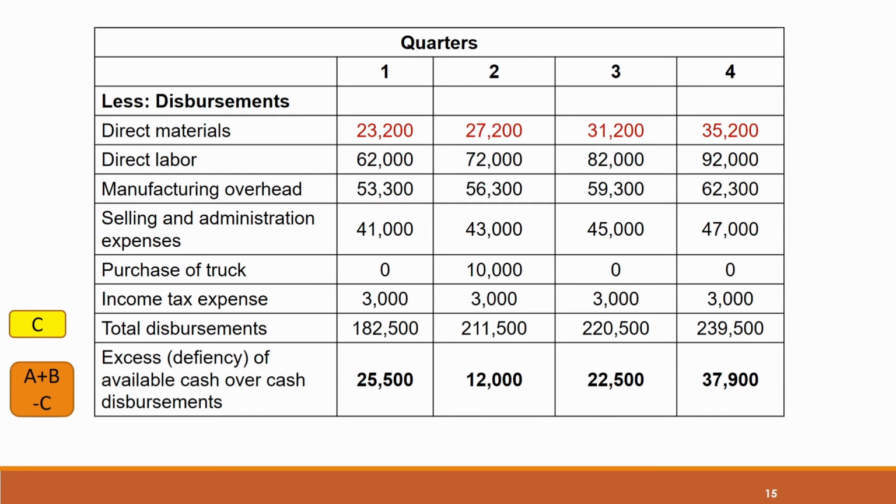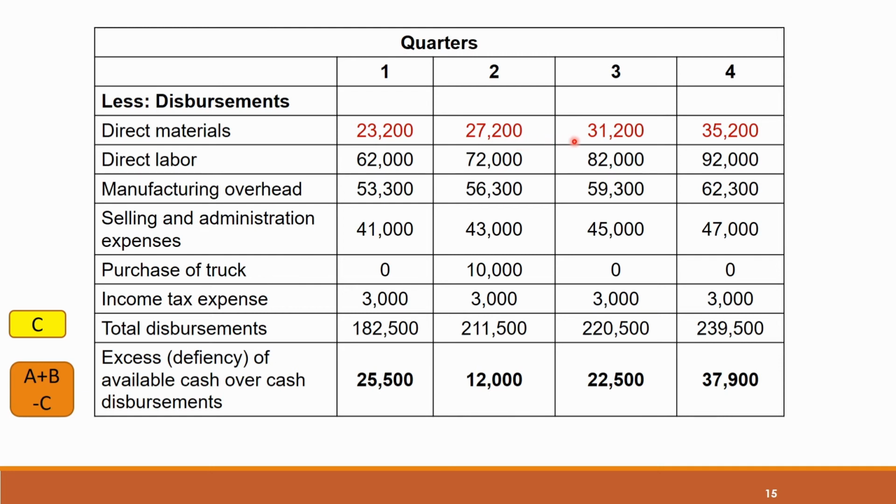Okay, the next one, we have to record cash disbursements. So how many items are there? Number one, direct materials. This amount we get from the schedule of expected cash payments for direct materials we have prepared just now. So the first quarter, 23,200. The second one, 27,200.